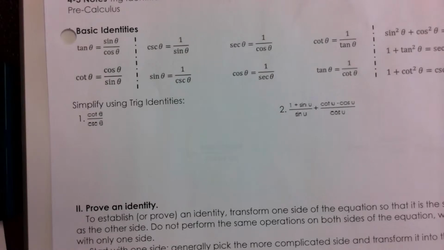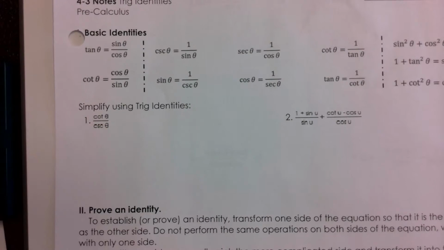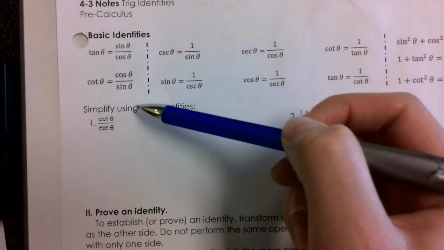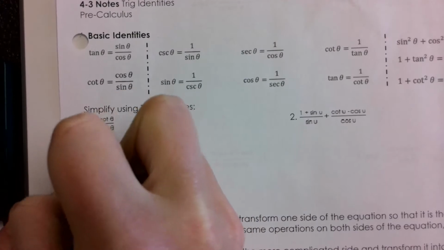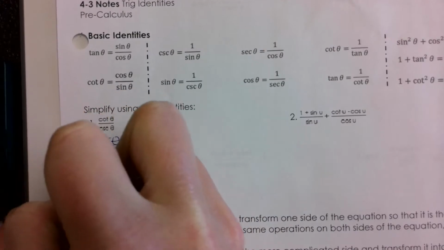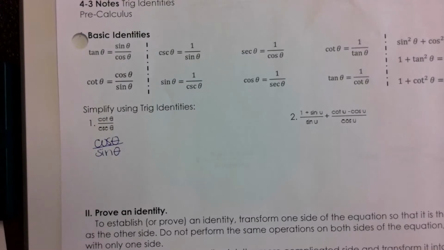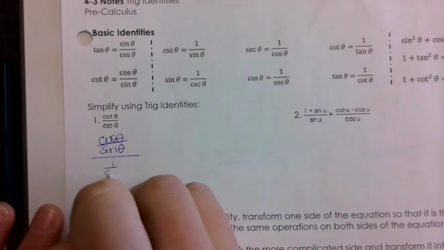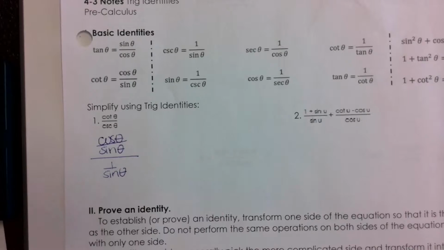So what is cotangent? Cosine over sine. So we could say cosine over sine, and we're doing divided by cosecant. So what is cosecant? 1 over sine. And when you're dividing fractions, what are you really doing? Multiplying by the reciprocal.